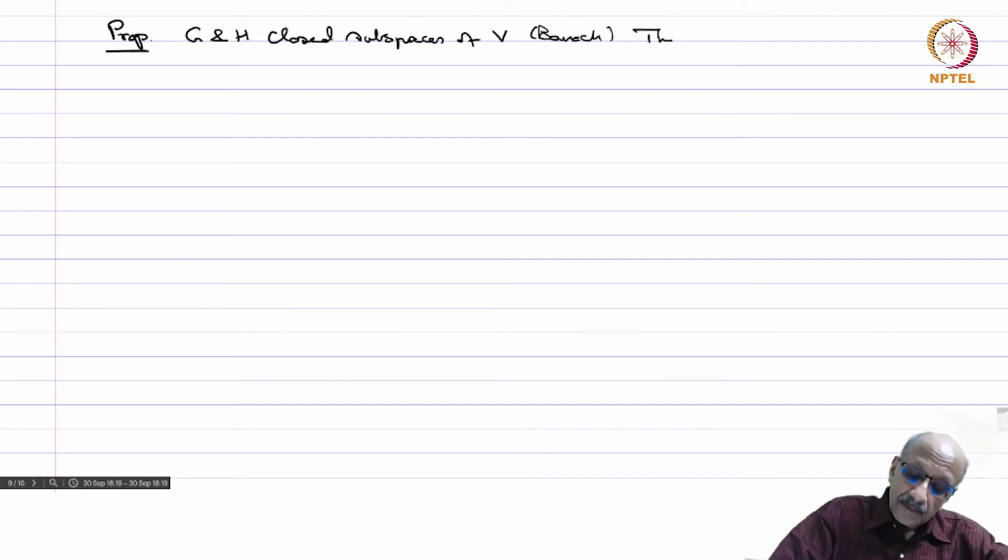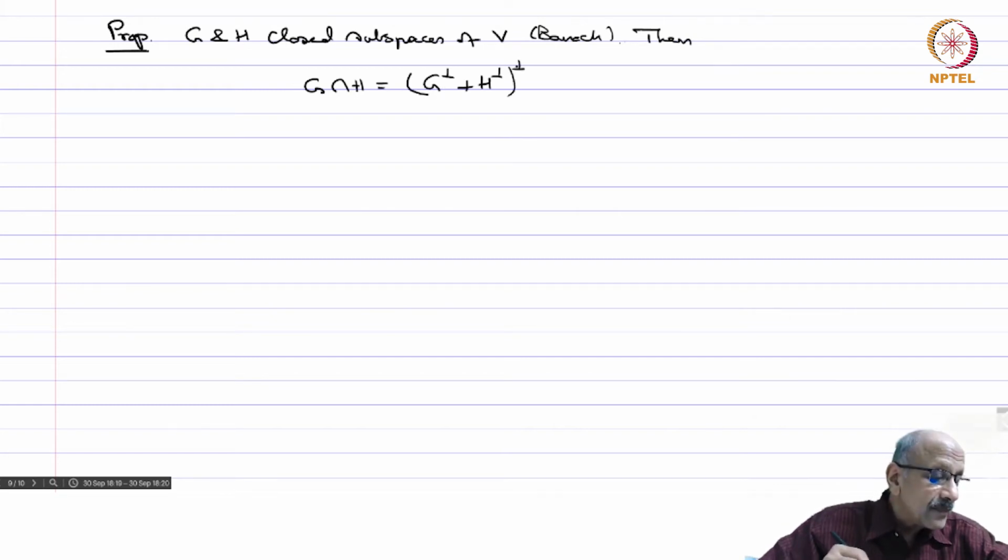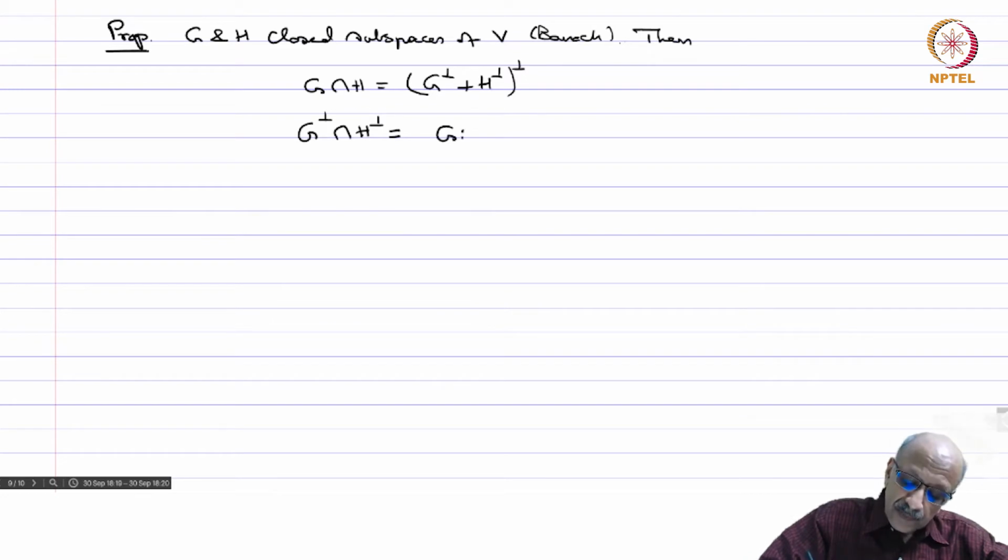Then G intersection H is (G perp plus H perp) perp, and G perp intersection H perp equals (G plus H) perp.